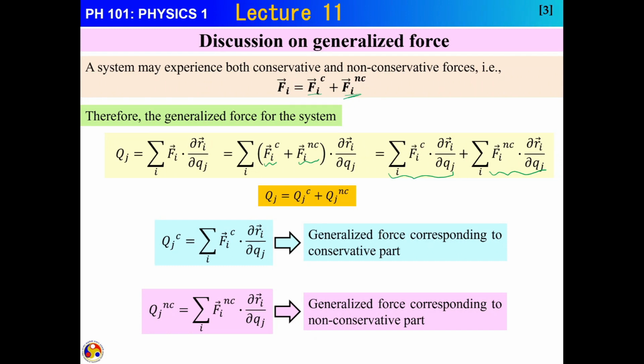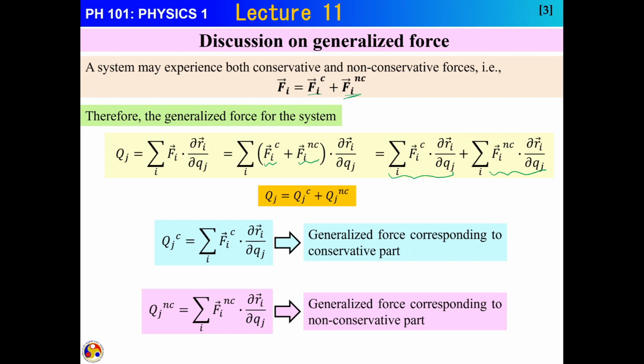You know the conservative force is a force with the property that the total virtual work done in moving a particle between 2 points is independent of the path taken. For example, gravitational force, spring force, and electrostatic force.